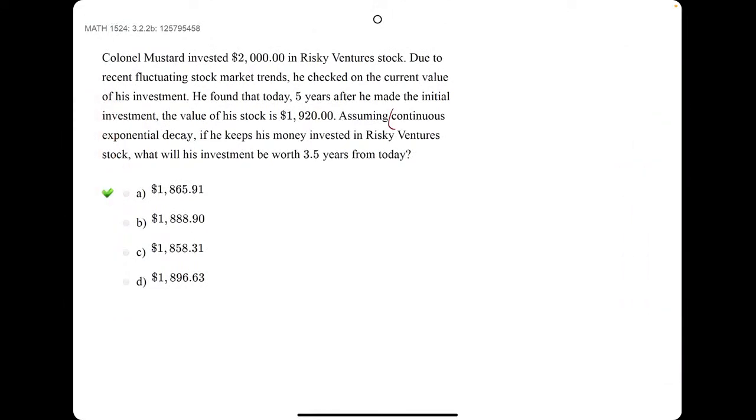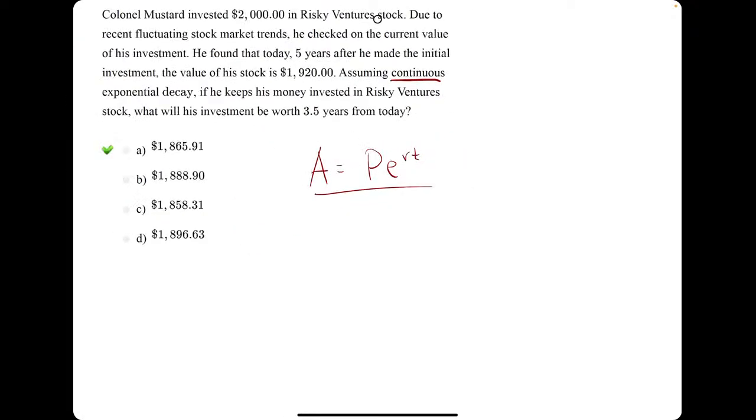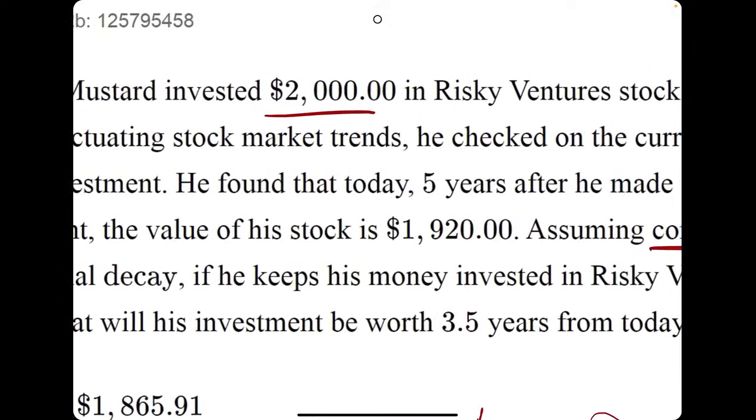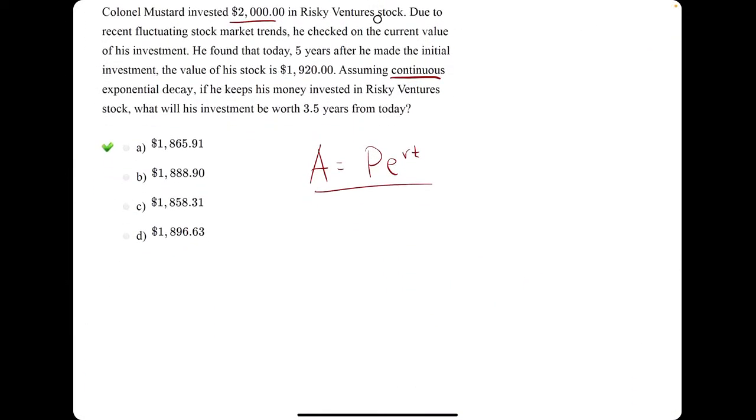Keyword is continuous. Anytime you see that from this earlier section, that tells us to use A equals Pe to the rt. And I've written out the variables earlier, but we'll talk through what they mean as we go through it. So this says they invested $2,000 at the very beginning.